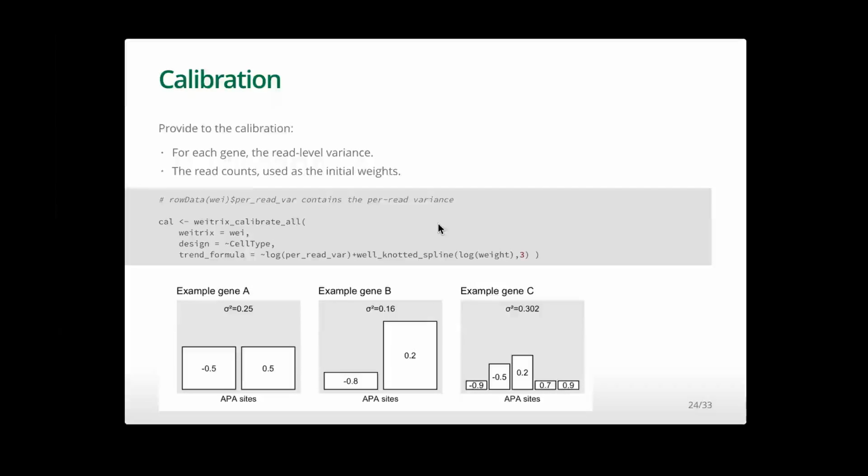So again, I'm going to provide this information to the calibration, per read variance, and also read count, and we can allow for biological variation by fitting a spline through it rather than just using the read count directly.